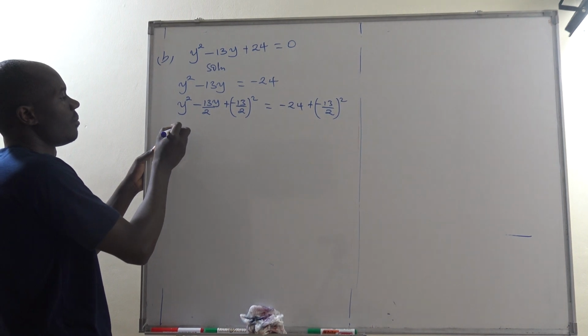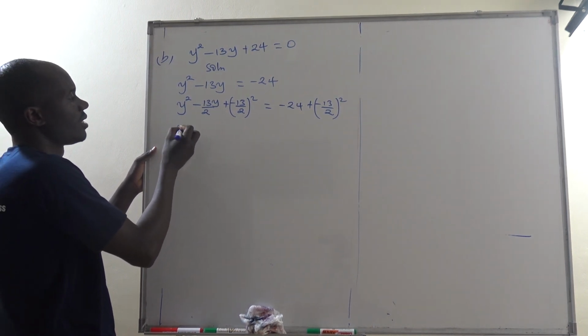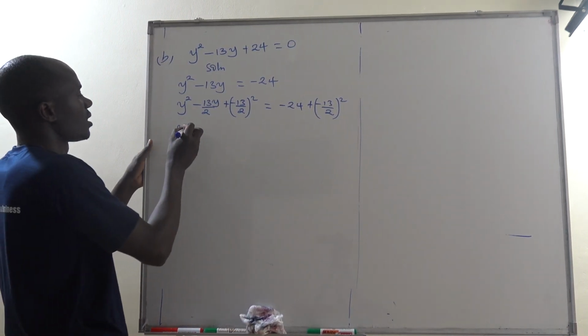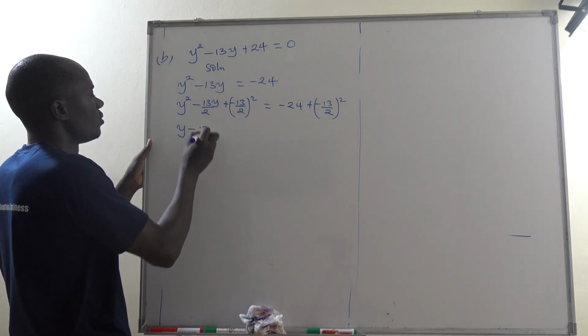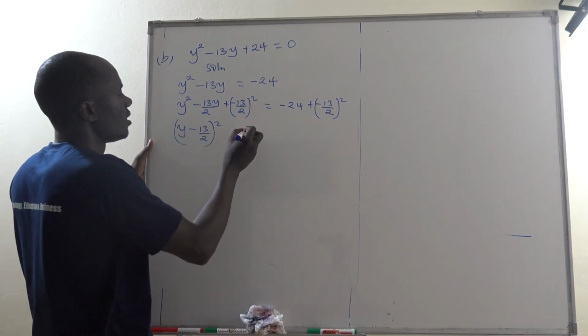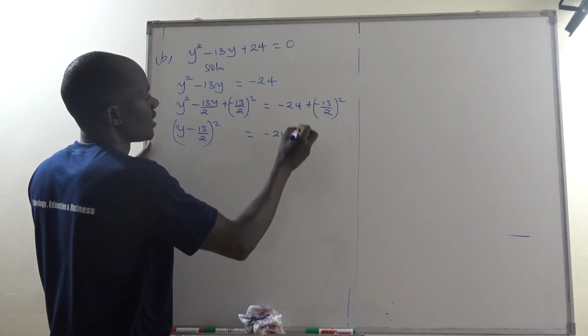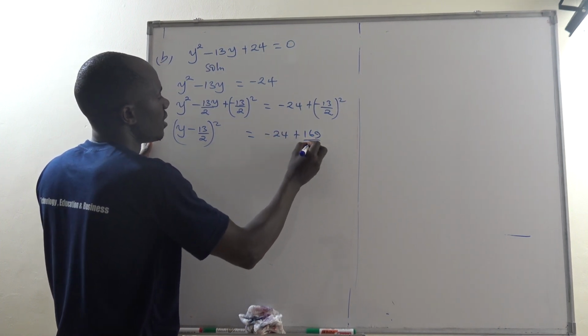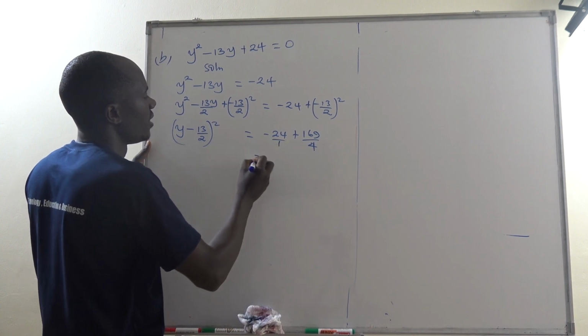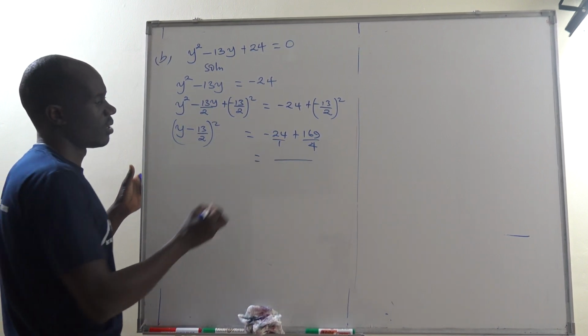So what does it become? This becomes y, it is already a perfect square. You just say y minus 13 out of 2, the whole of it squared, equals, we expand, negative 24 plus 169 out of 4. We can find the LCM. So what is the LCM here?